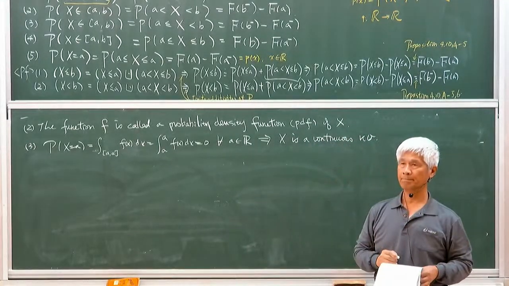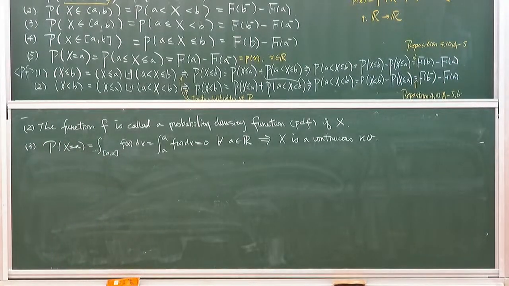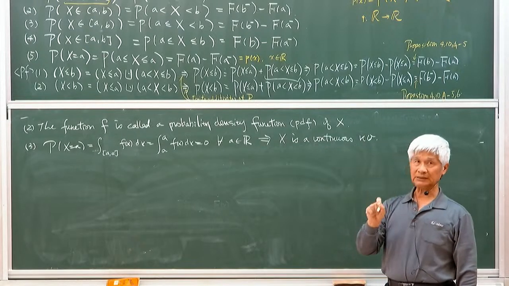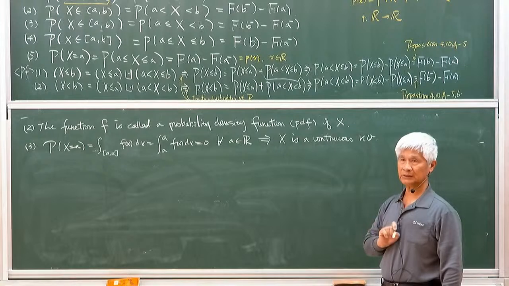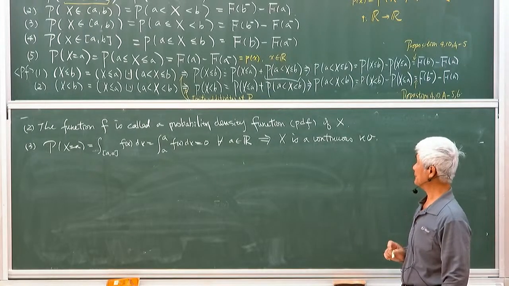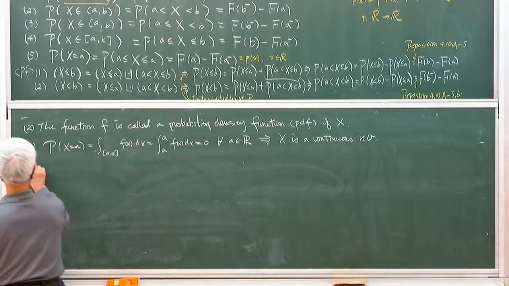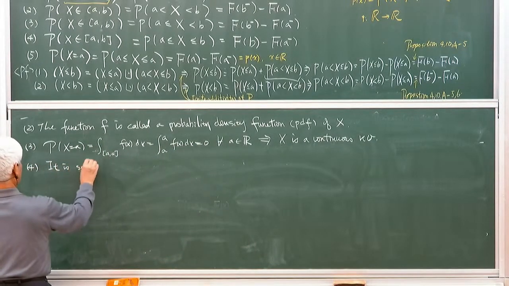Okay. So if X is absolutely continuous, then X is a continuous random variable. So absolute continuity is stronger than continuity. Okay, it's stronger.